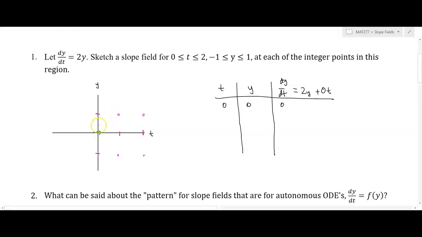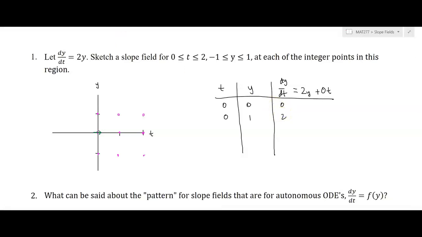We would do the same thing at the other points, and let's jump to the point 0, 1, which is this point here. When t is 0 but y is 1, dy/dt is twice the y value, so 2 times 1 plus 0 times 0 is 2.